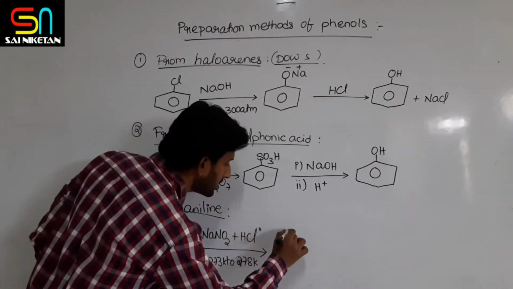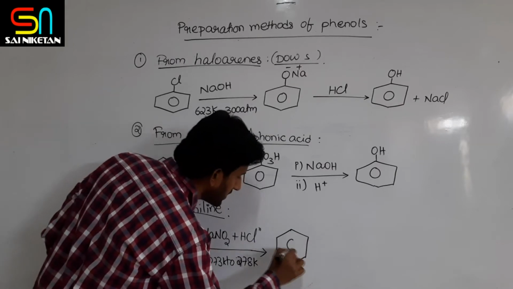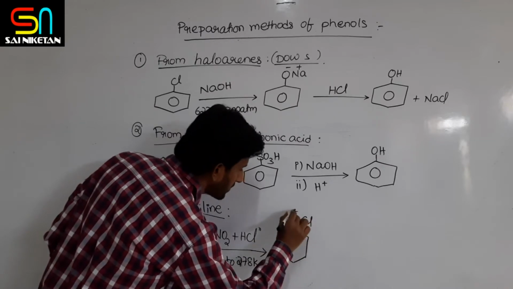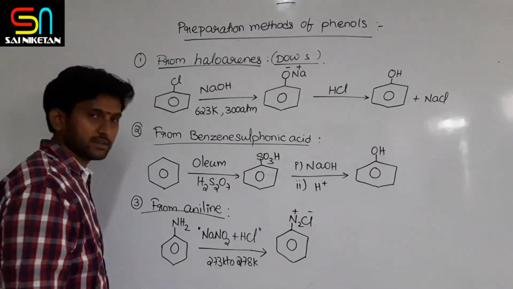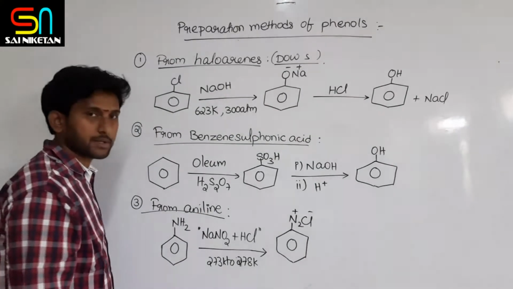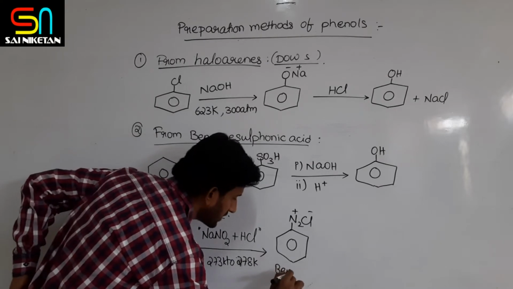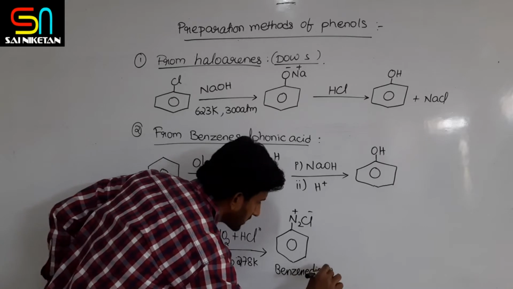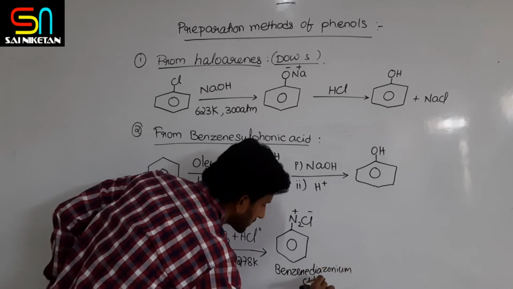You will get diazonium chloride, benzene diazonium chloride. If you remember, I wrote it like this in the previous haloarenes chapter. So what is the name? It is benzene diazonium chloride. Okay.